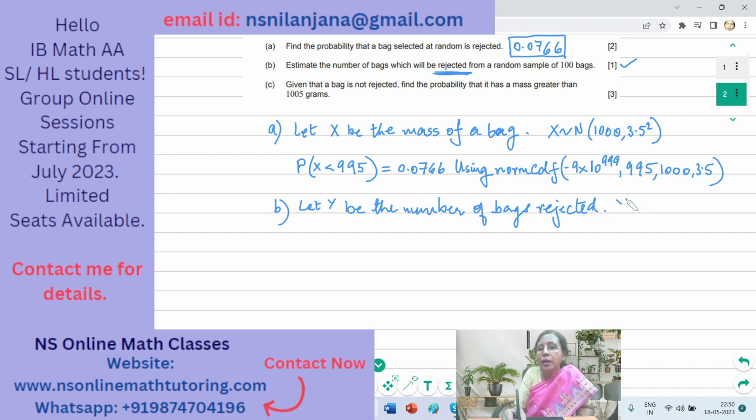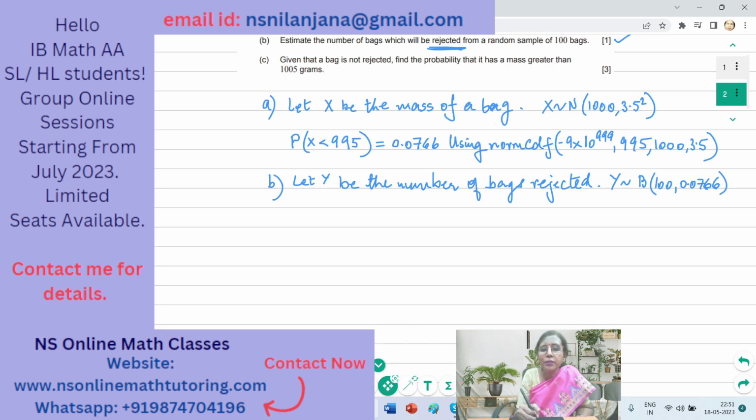So Y will be a binomial distribution variable where n is 100 and the probability of success, which is the probability of rejection, is 0.0766. And now we have to get the expected number of bags to be rejected from these 100 bags. So it will be the expected value of Y, which will be equal to n p.